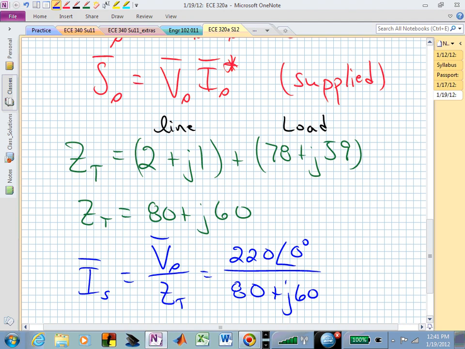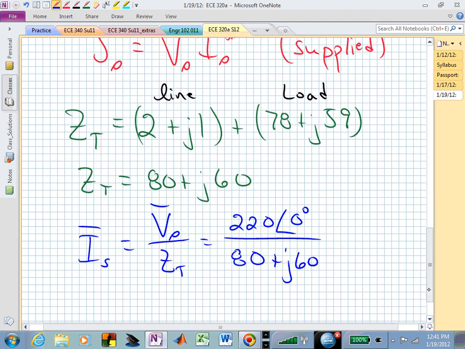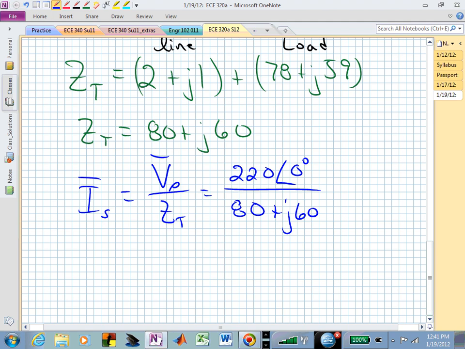So if Z sub t was purely real, let's say it's just 80, then we would conjugate it, and we would have 80 minus J0 if we started with 80 plus J0. Theoretically, we conjugate it, but the conjugate of a real number is the same real number. Yes?